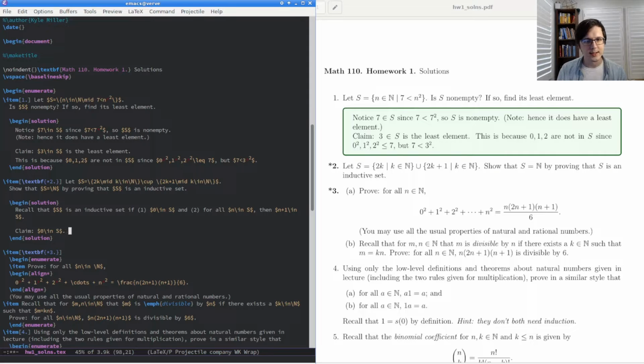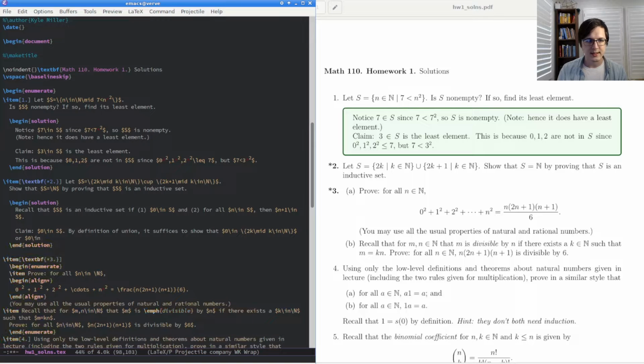Okay, so by definition of union, I'm going to just do this in all the detail. By definition of union, it suffices to show that 0 is in the set of all 2k for k in n, or 0 is in the set of all 2k plus 1 where k is in n.